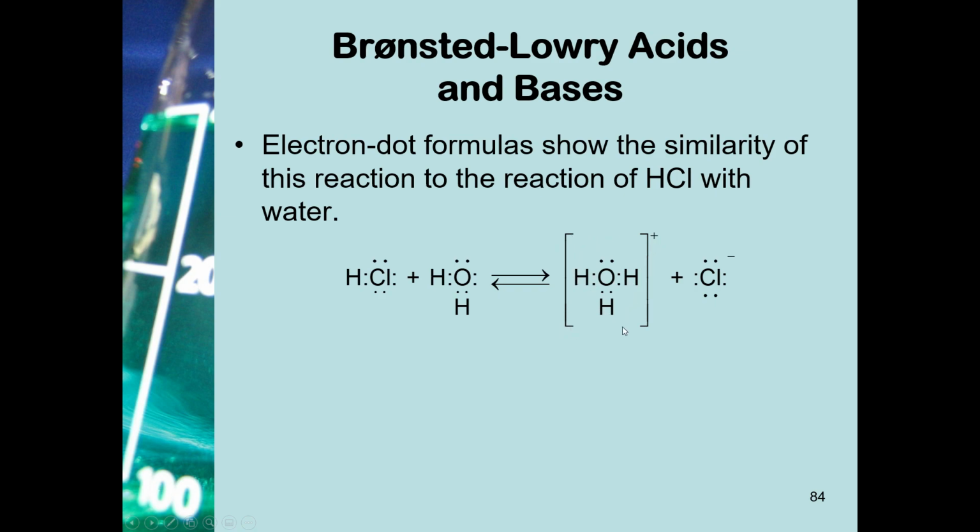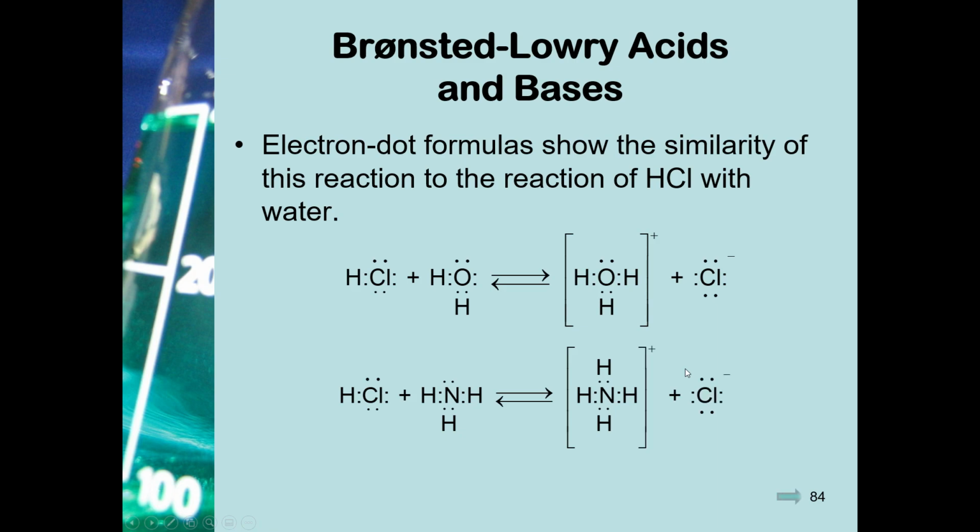We put it in brackets because it's a polyatomic ion. And what's left is a chloride ion. When hydrogen left, chloride took all its electrons with it, and now it has 1 extra electron that hydrogen left behind.